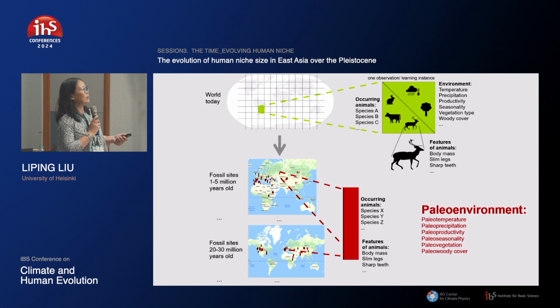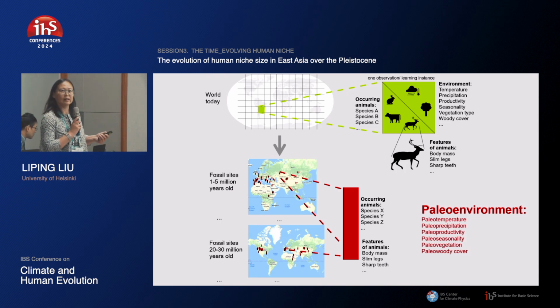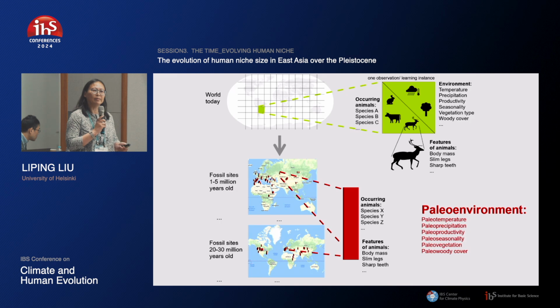We have the wild animals living in one area, and meanwhile you also get all the environmental variables: temperature, precipitation, productivity. Then it's possible to do data mining to explore the association between the mammal community and the climate.